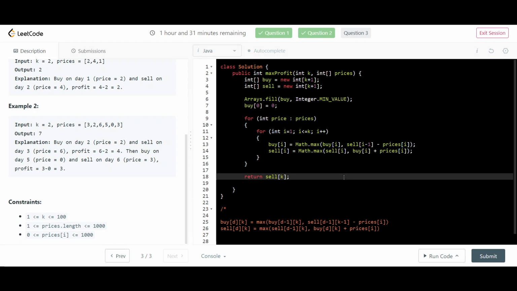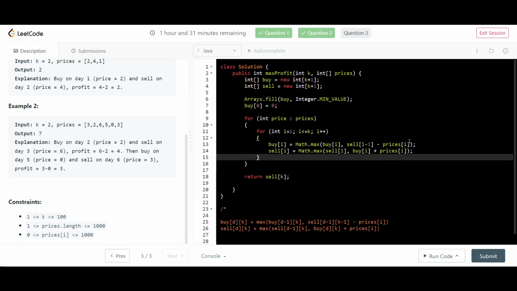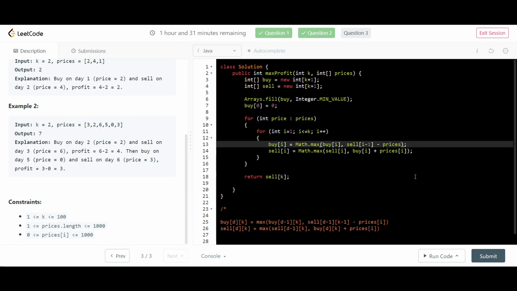It's only utilizing the previous thing, so that should be fine. You bought one less, you have sold one less, and now you're selling the other guys, which is fine. Okay, I think it was correct only. I just made a mistake here.